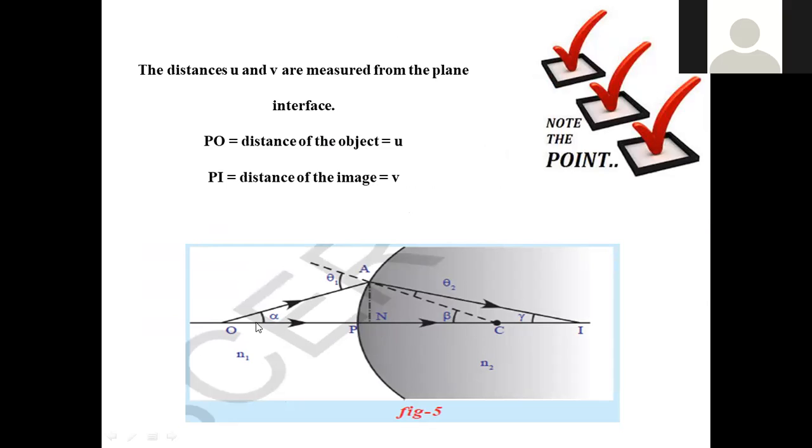Another light ray moves in a direction that creates an angle theta. But to measure the distance of the object and the distance of the image, we always take the parameters on the plane surface rather than the angled one. So on this plane surface only, you measure the values PO as well as PI. These values are measured on this flat surface instead of the angled one. That is the point to be noted.